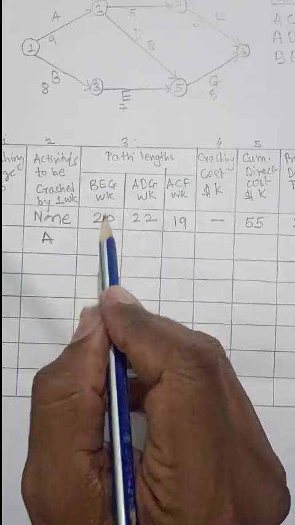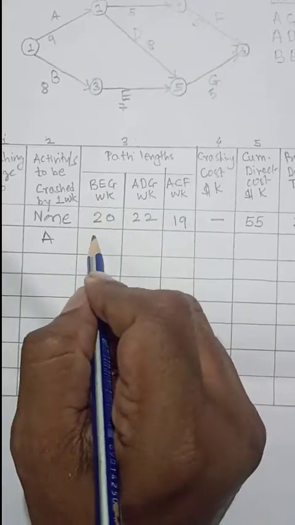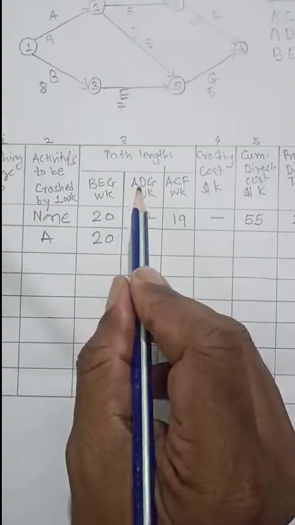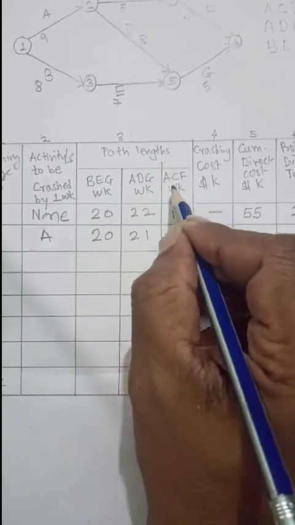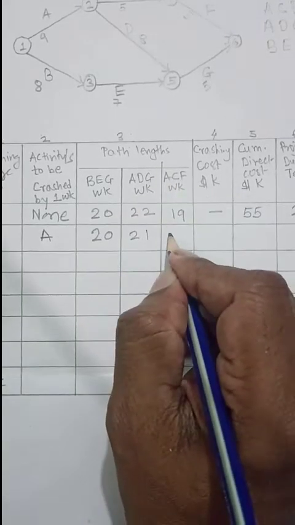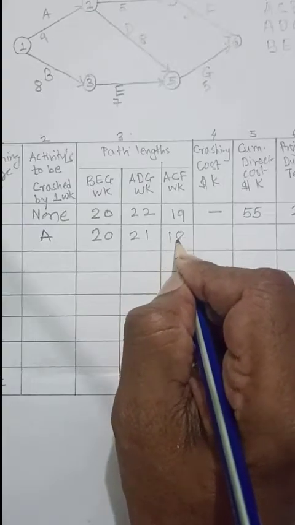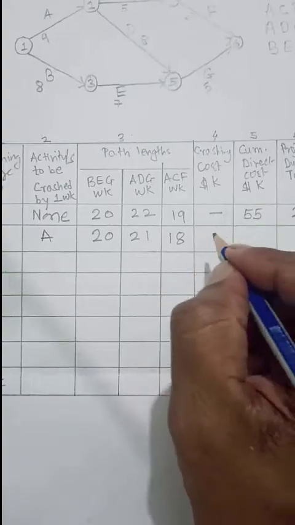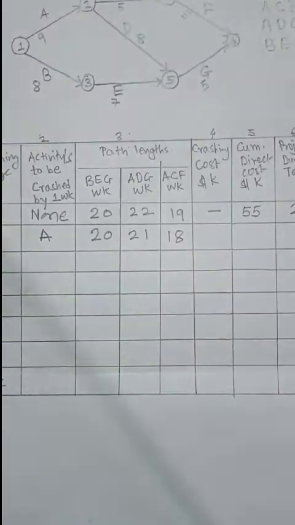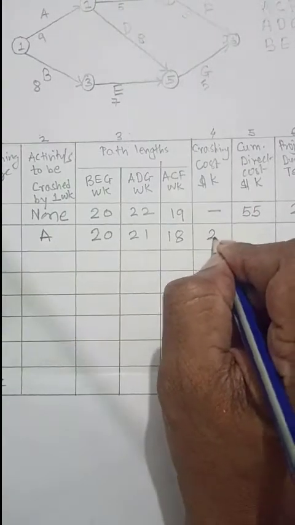In BEG there is no A, so this will remain the same at 20. Here there is A, so this will get reduced by 1 to 21. Here there is A, so it will get reduced by 1 and become 18. The crashing cost is the cost slope, which for A is 2.